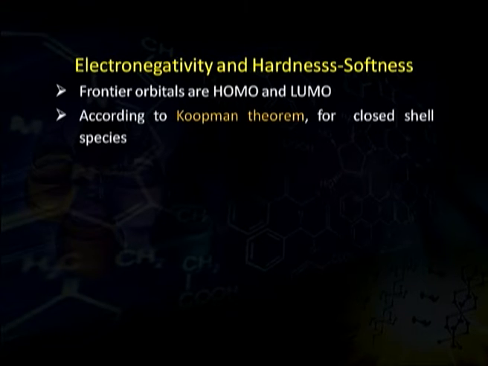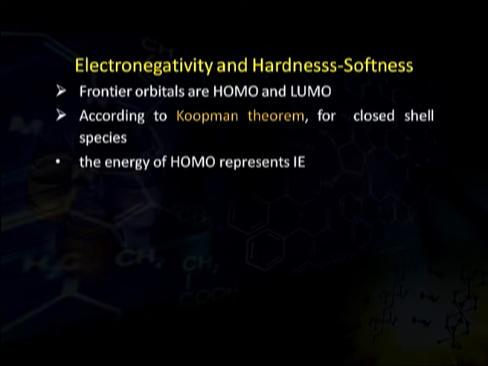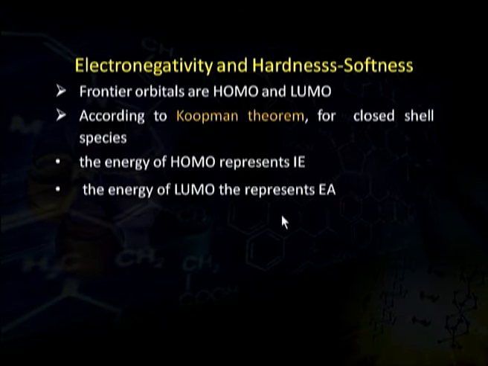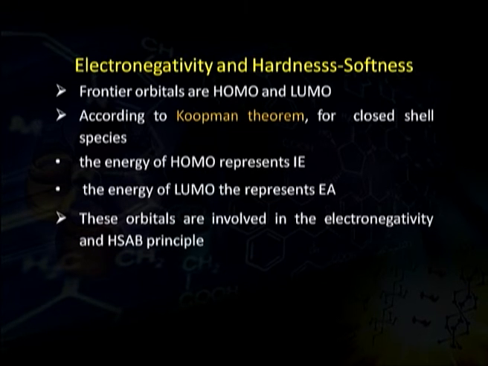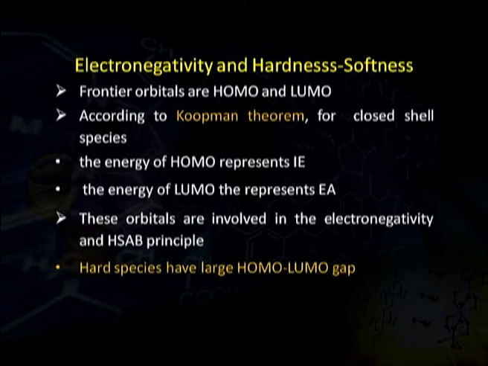According to Koopmans' theorem, for a closed shell species, the energy of HOMO represents ionization energy, while the energy of LUMO represents the electron affinity. These orbitals, that is HOMO and LUMO, are involved in the electronegativity and the HSAB principle. Hard species have a large HOMO-LUMO gap.